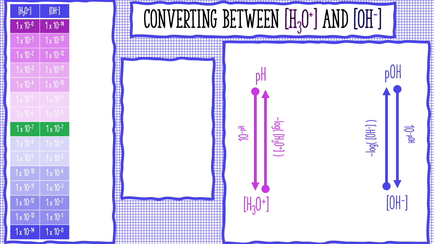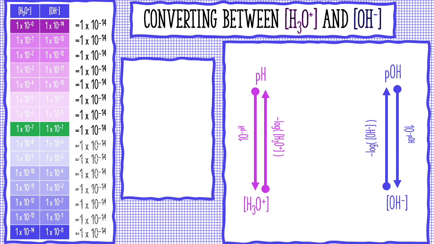So if we were to take all of the corresponding hydronium ion concentrations and multiply them by all of the corresponding hydroxide ion concentrations, then we start to see they're all equal to 1 times 10 to the negative 14th, all the way down the scale. And so we have this equation. We saw this on the previous slide.